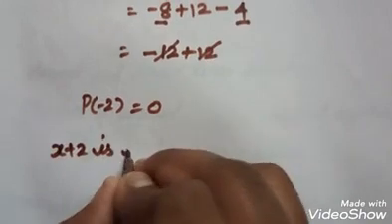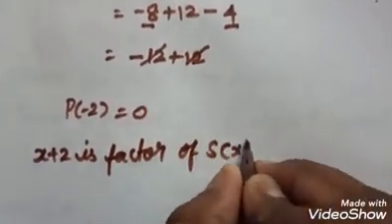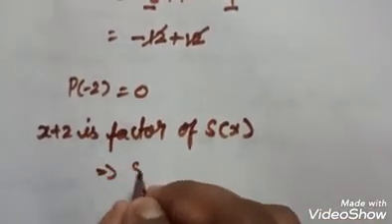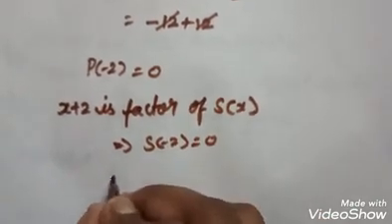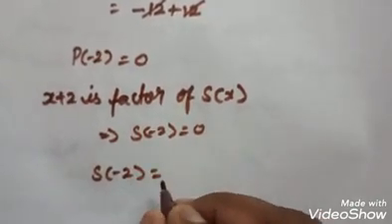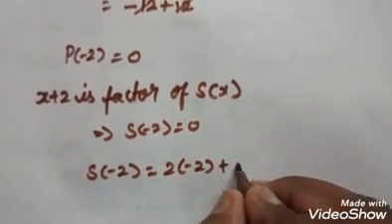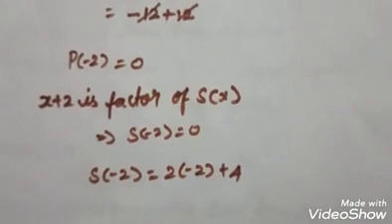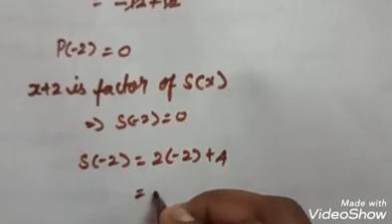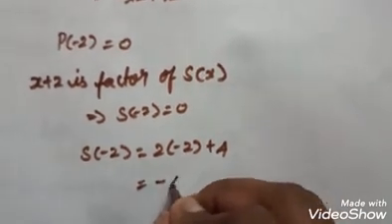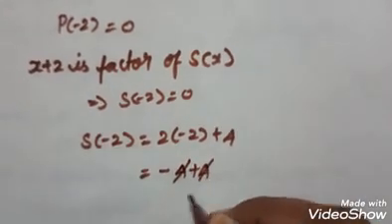Now I take x plus 2 as a factor of s of x, which implies s of minus 2 equal to 0. We have to prove that. So s of minus 2 is equal to 2 into minus 2 plus 4. Plus into minus is minus, 2 twos are 4, so minus 4 plus 4 becomes 0.